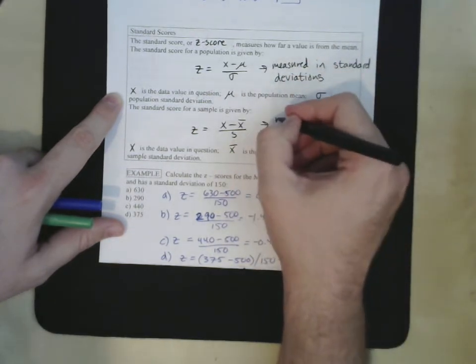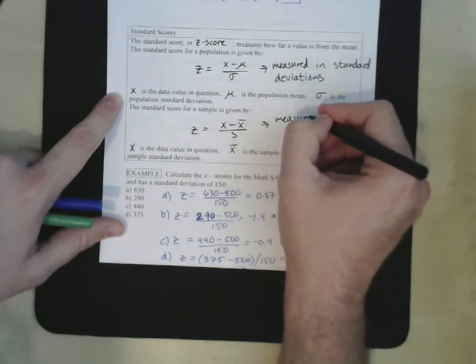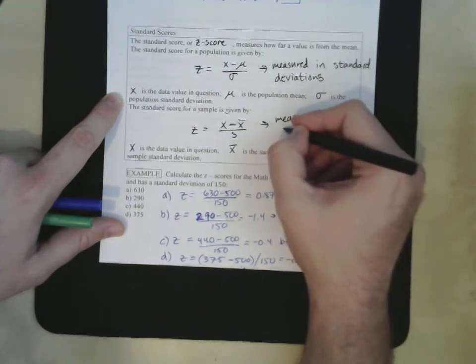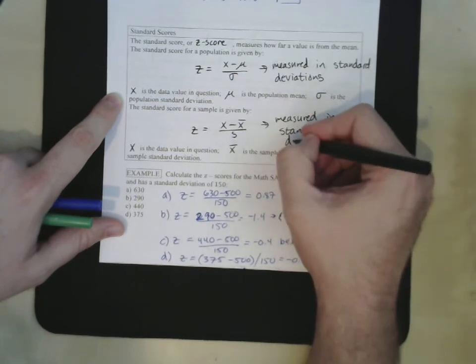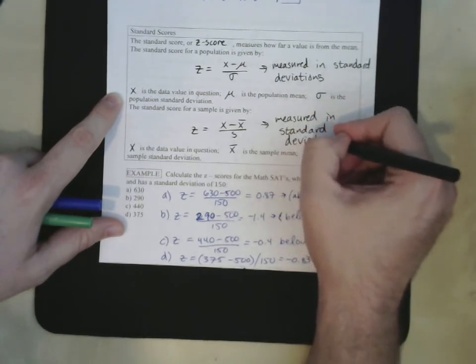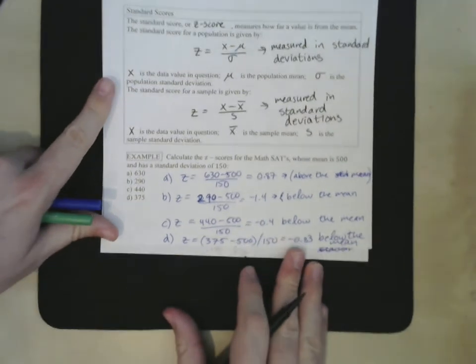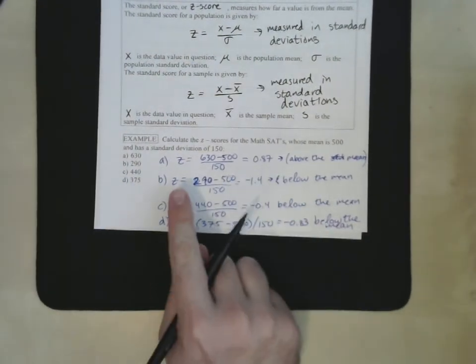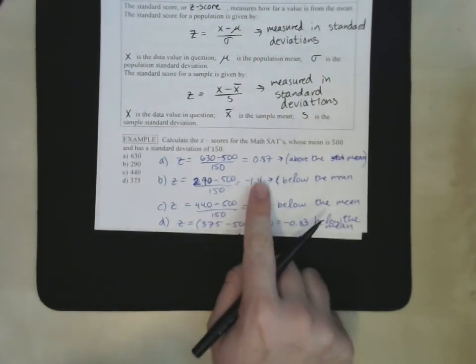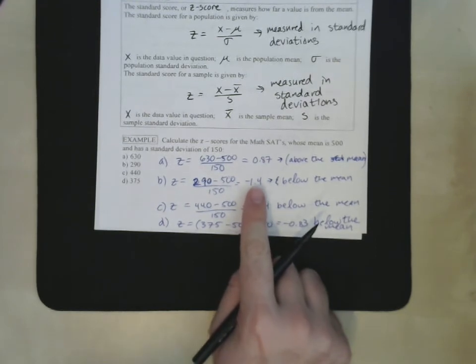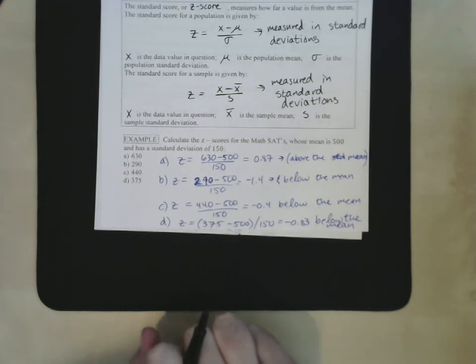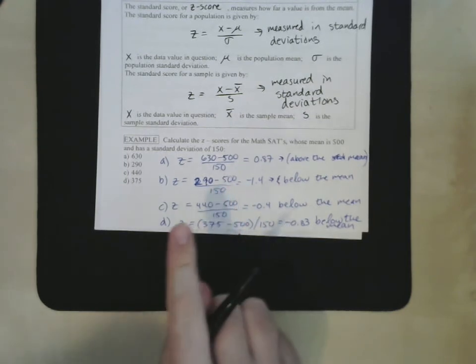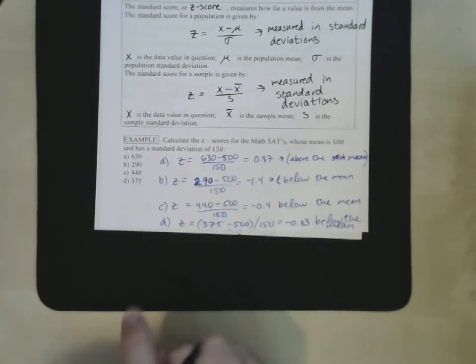Same thing here, measured in standard deviations. So when we say the standard score for 290 is negative 1.4, that means we are 1.4 standard deviations below the mean. So if your standard deviation is 150, it takes us 1.4 times 150 to get below 500.